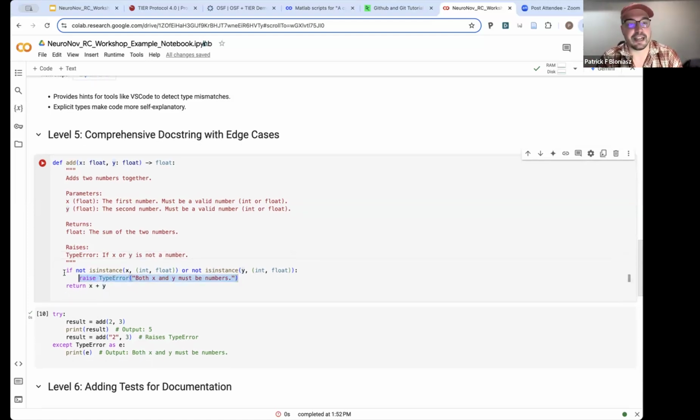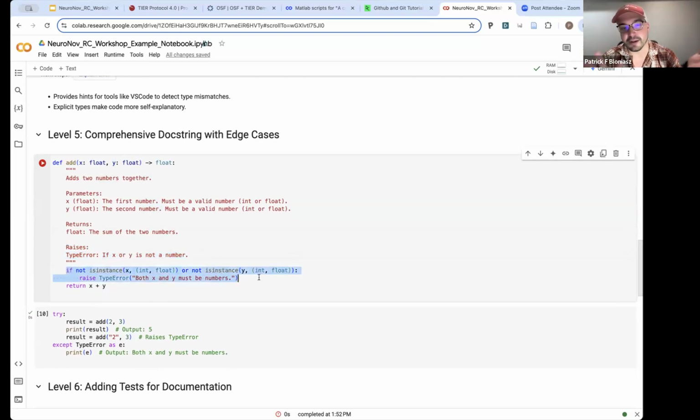We can preemptively write code that prevents that from happening and then tells the user how to behave. In this case, we can add raises, which is usually short for type error raises. It will tell people what the expected things that could go wrong are, and what we mean by the error that they get out of it.